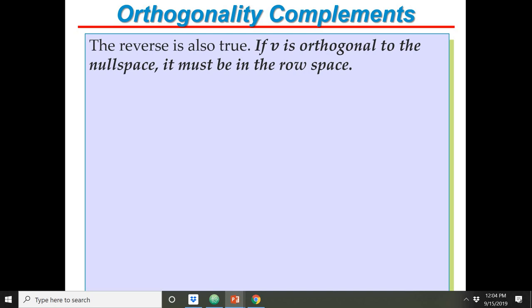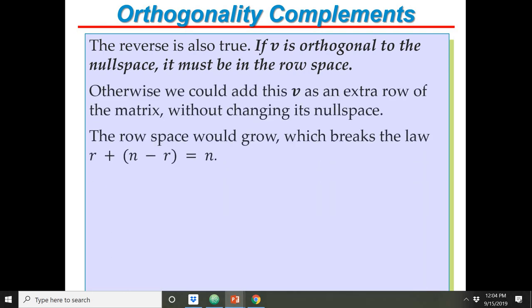Because in principle, if you have a vector V that's orthogonal to the null space but not in the row space, you can go and add that vector V to the matrix A as an extra row, and that will not affect the null space at all, but it will affect the dimensionality of the row space. It will increase it by 1. But if it increases by 1, we're going to be in trouble because this nice equation that we have seen will not be true anymore.